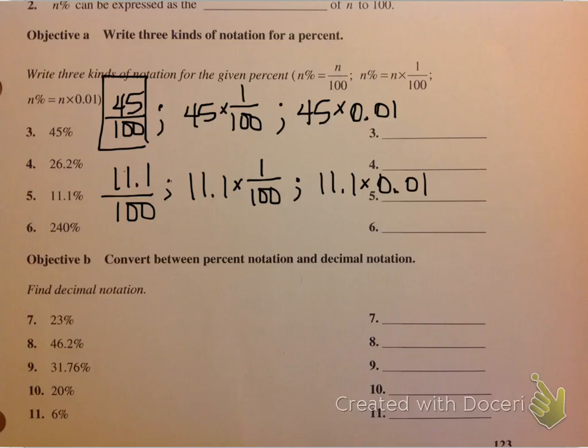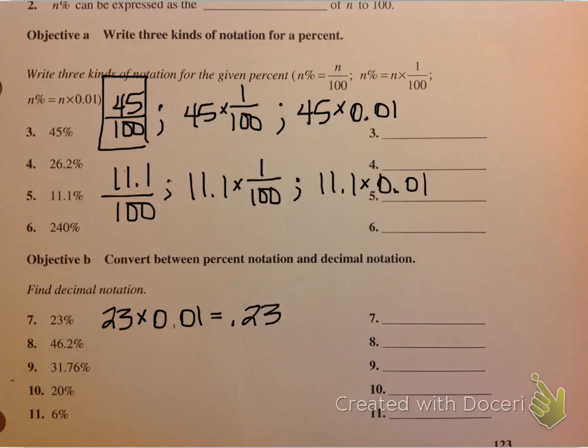So moving down here to objective B, convert between percent notation and decimal notation. Since they want decimal notation, if we see 23%, that means 23 times 0.01. And if you do that in your calculator, you're going to get 0.23. And you'll see a pattern emerge here in a few minutes, and you might already know about the pattern.